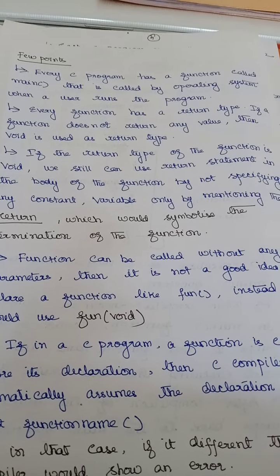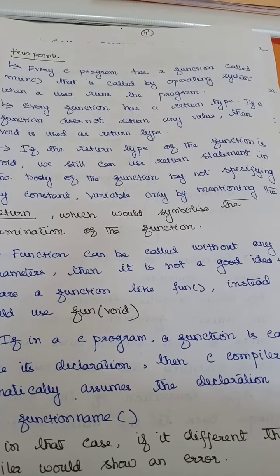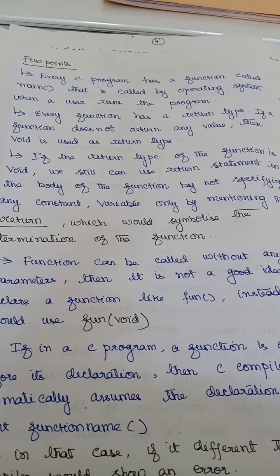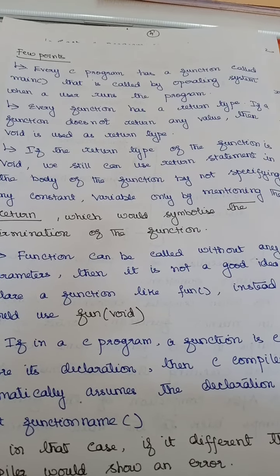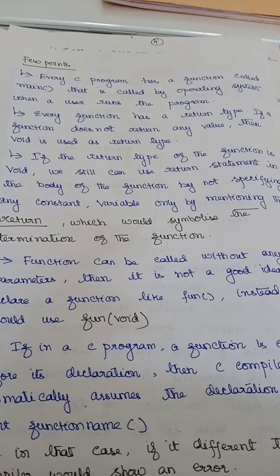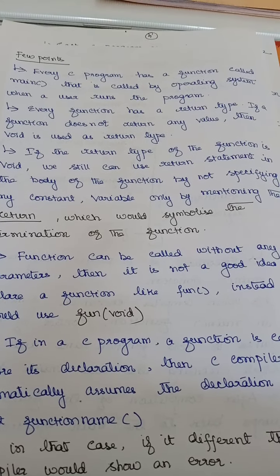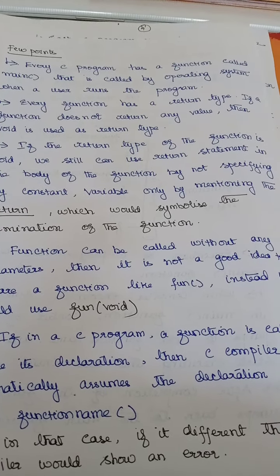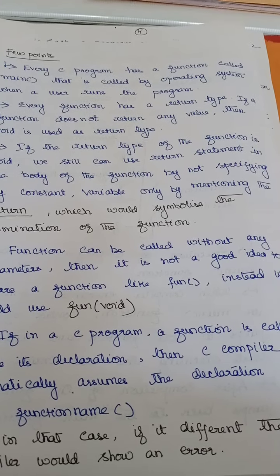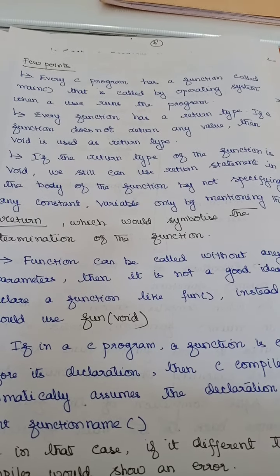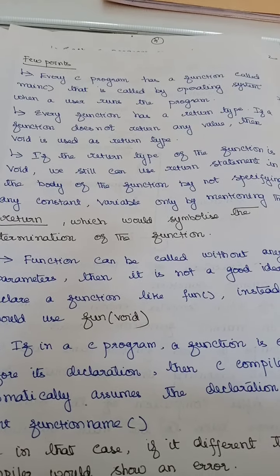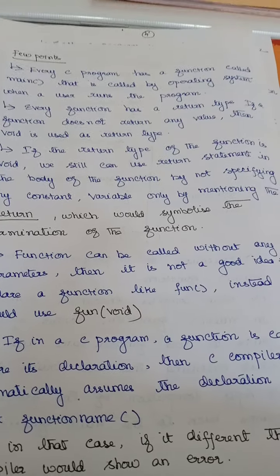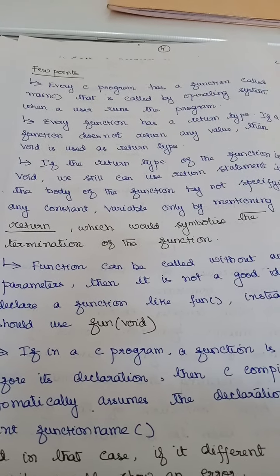Even in main you are having return 0. If you are not using return, it will give you a warning, right? So always a function will have a return type. If the function doesn't return any value also, you can just write return. You need not write return void, just have return alone, right?